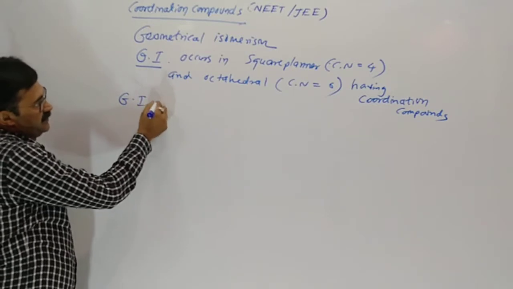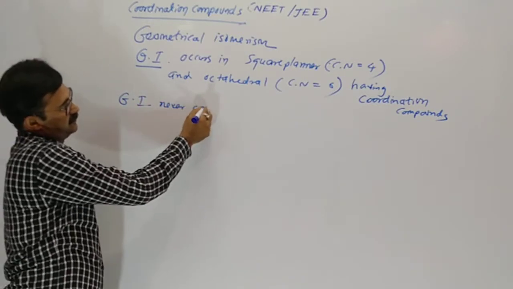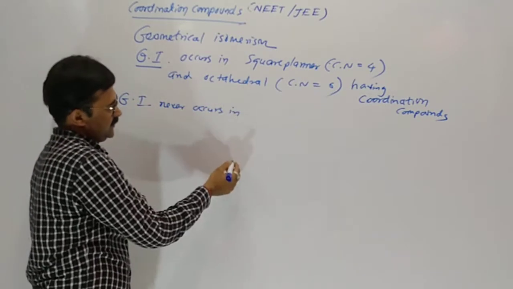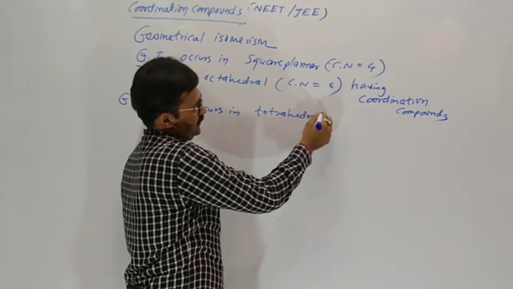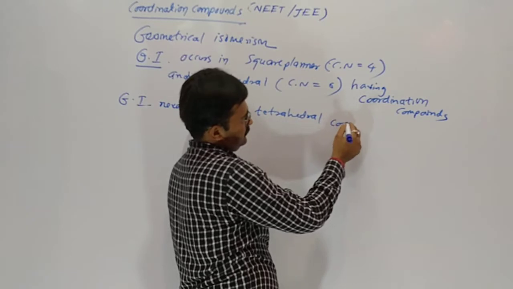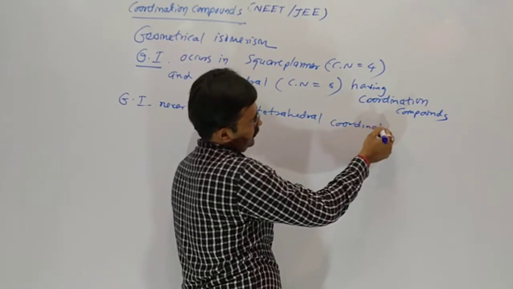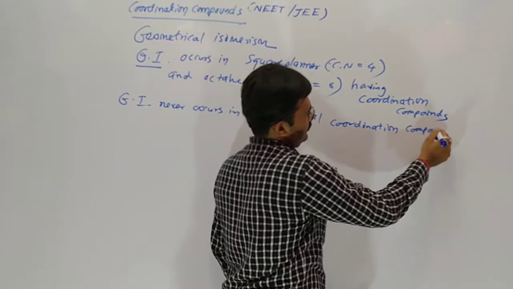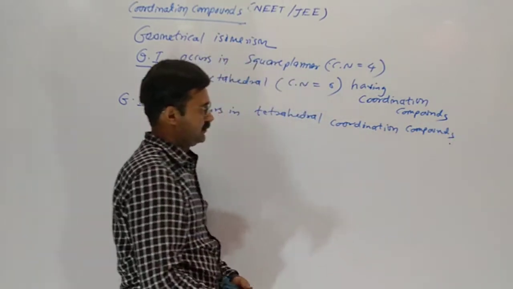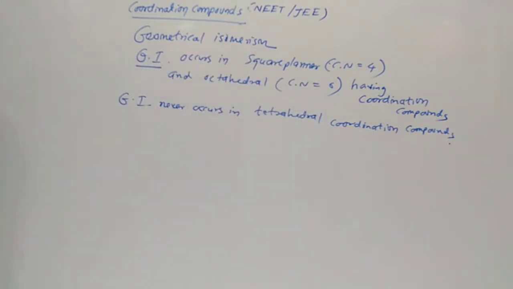Geometrical isomerism never occurs in tetrahedral coordination compounds. Never in tetrahedral. Understood?